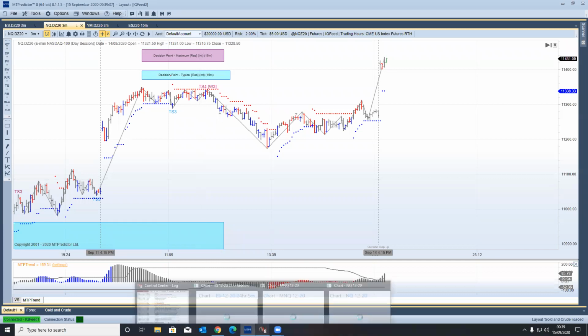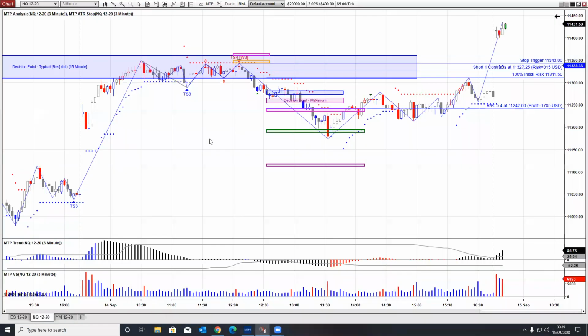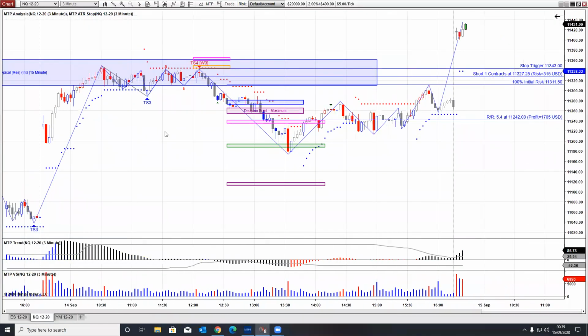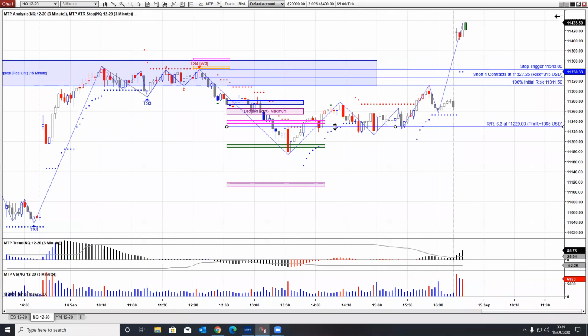Just to remind you again, if you're using NinjaTrader, it's exactly the same approach with NinjaTrader as we've seen. Doesn't matter whether the chart is on NinjaTrader or whether it's our standalone version, the analysis is exactly the same.